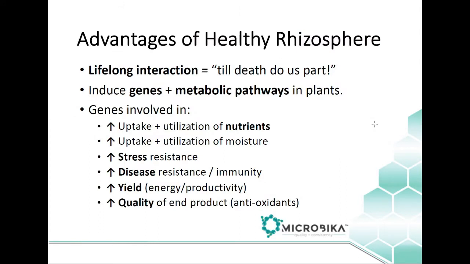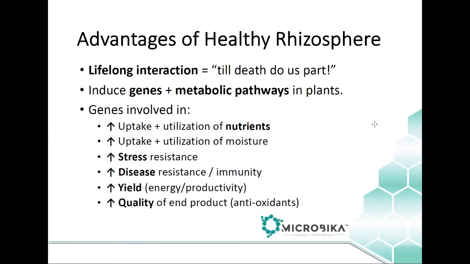So the advantages of a healthy rhizosphere, obviously, it's a lifelong interaction. As long as the plant is photosynthesizing, there are some carbohydrates secreted to the rhizosphere microbiome and they fulfill their function. So these microbes induce genes and metabolic pathways in the plant.